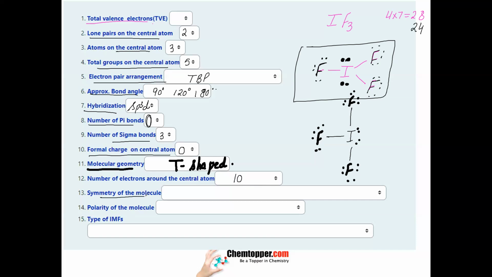The molecule is symmetrical or not symmetrical? It's not symmetrical. If the molecule is not symmetrical, then the molecule is polar or non-polar? It's polar. Oh, you people are faster than me now. Dipole, dipole, and LDFs. Very good.